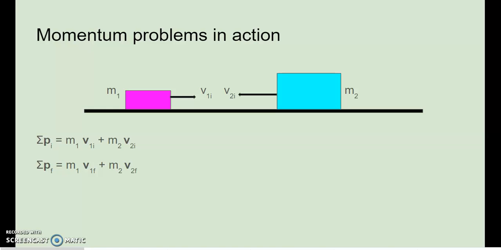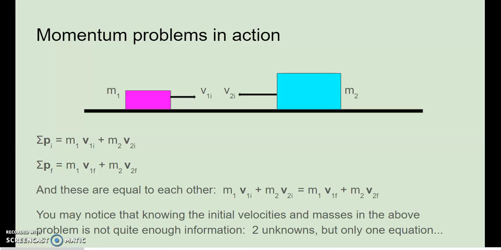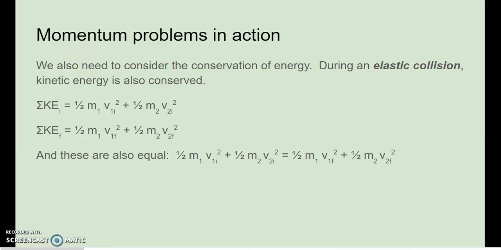There's a problem. You may know the masses and their initial velocities, but that's not quite enough information here. Why? We set these equal to each other. That's one equation with two unknowns. We have two unknowns on the right side, v1f and v2f, so we have to have some other piece of information. And as it happens, we do.